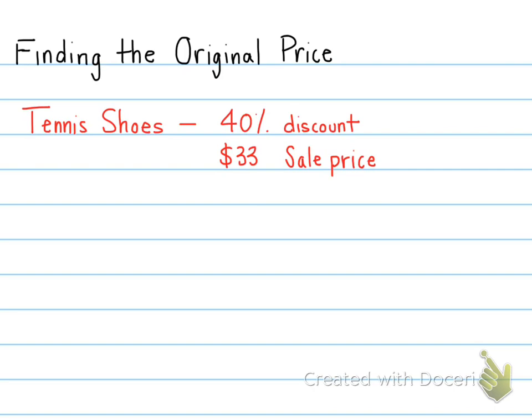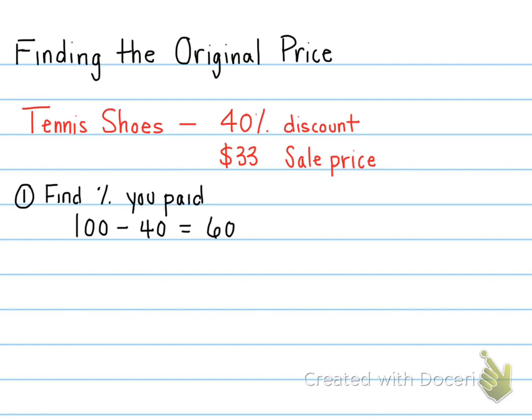So the first thing you need to do in these problems is find the percent you paid. Well, that's just a subtraction problem. 100 minus 40 equals 60. I paid 60% of the shoes.